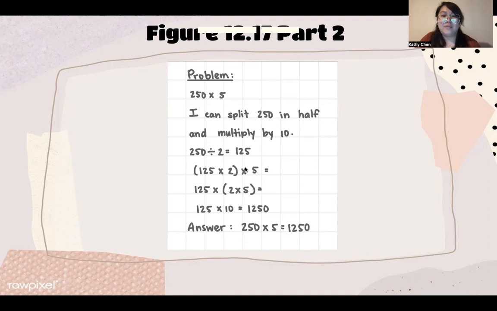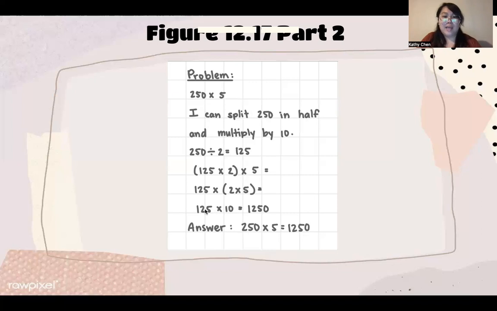Then we did times 5, which is a part of the original problem. So we have 125 times 2 times 5. That then gives us 125 times 10, which then gives us 1,250. So our answer for 250 times 5 is equal to 1,250.